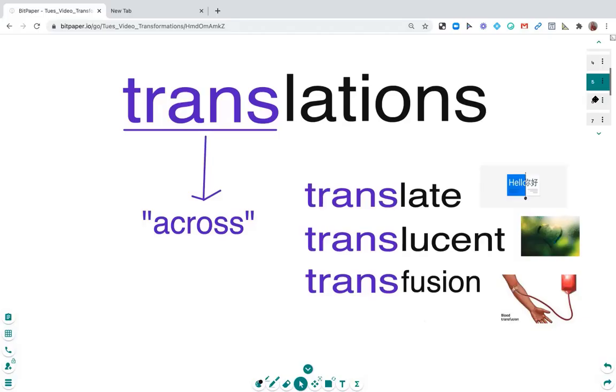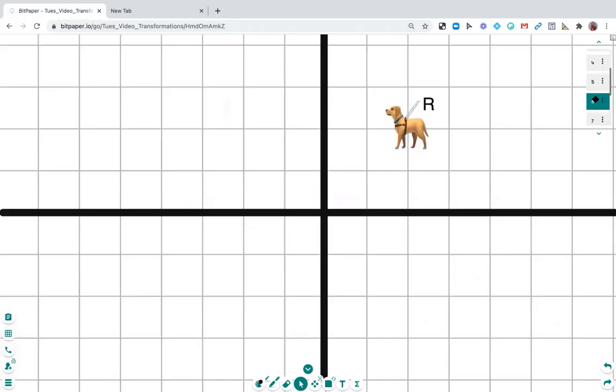So on a coordinate plane, what does that look like? Well, a translation on a coordinate plane simply means to move the shape or the point across the plane. So if I have this little emoji here, I just recently got a new puppy, a yellow lab, and his name is Ranger. So I'm going to call him point R. My puppy is point R on the coordinate plane.